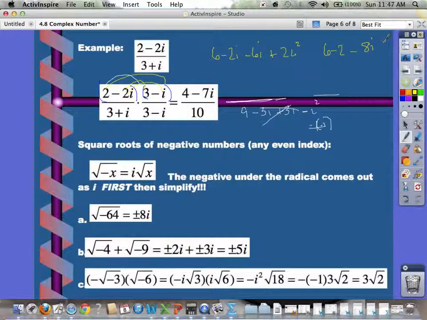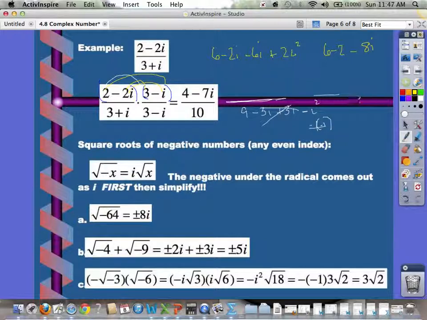Did I do that right? Let me double check my math. I could have messed up my PowerPoint. All right, so let's do 2, 6, negative 2i. And then this is negative 6. Oh, this should be an 8.